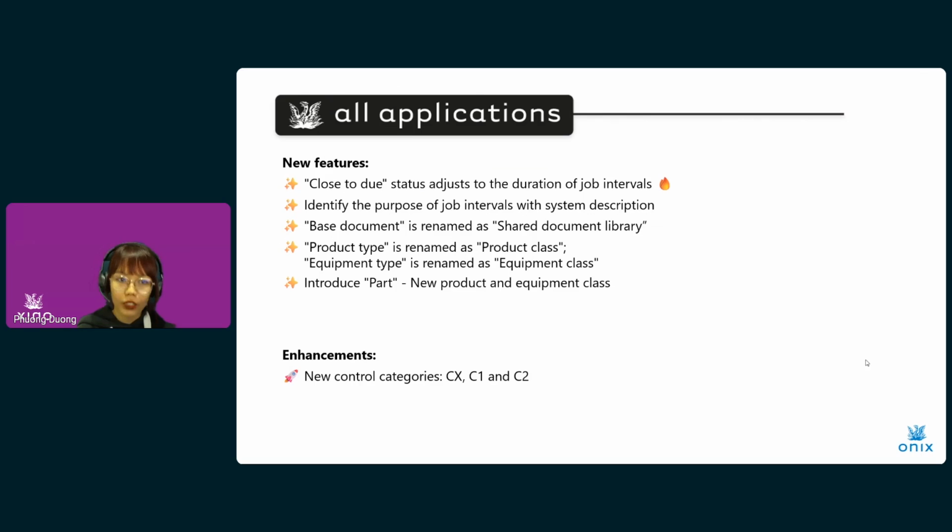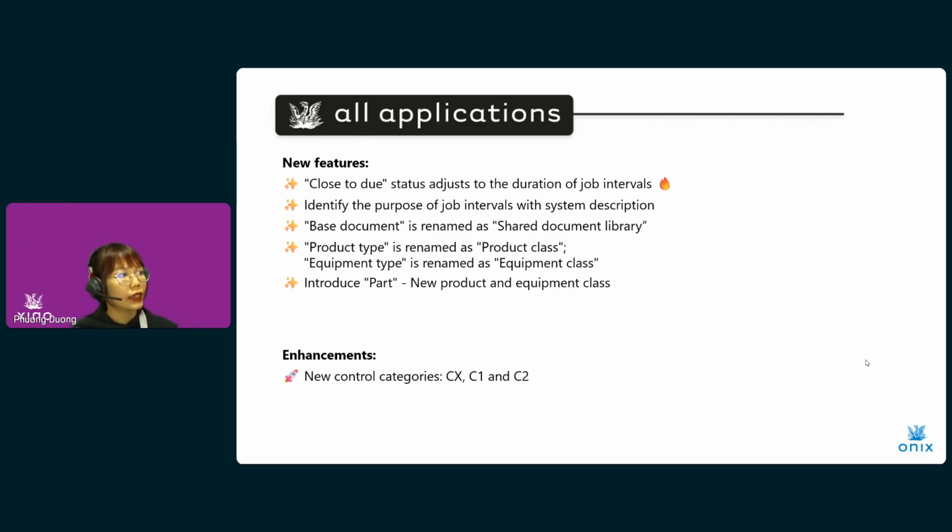So if you mark an equipment with the equipment class as part, you will not see it in a normal standard equipment view, and it will give you a more focused view to manage your equipment, especially if your company has a lot of equipment and you are viewing them as unique complete equipment or just components, not a complete one.